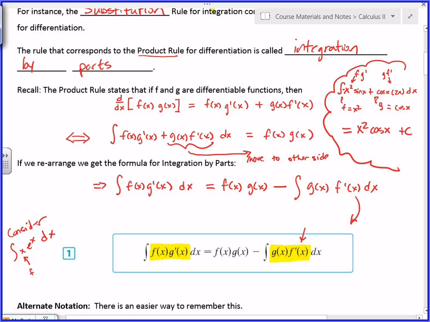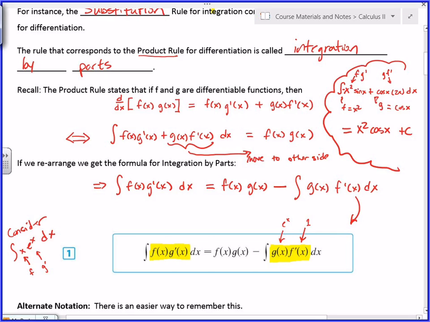It becomes just a 1, right? And if this was my g prime, if g prime is e to the x, what is g? E to the x, right? So this is just e to the x, e to the x and a 1.